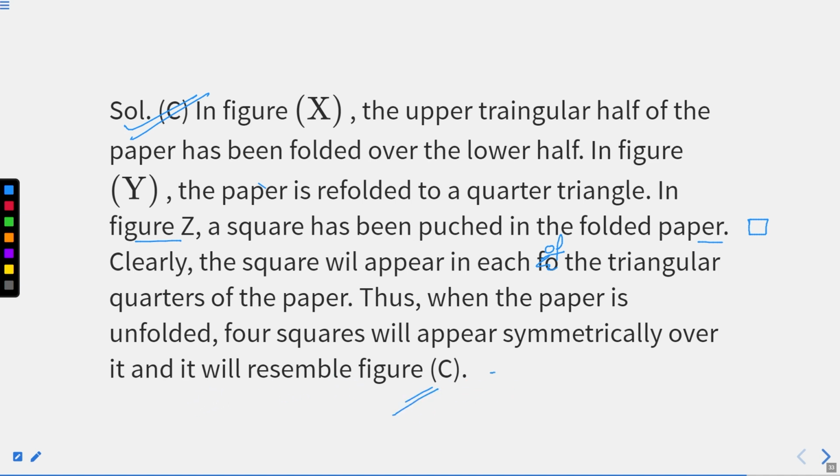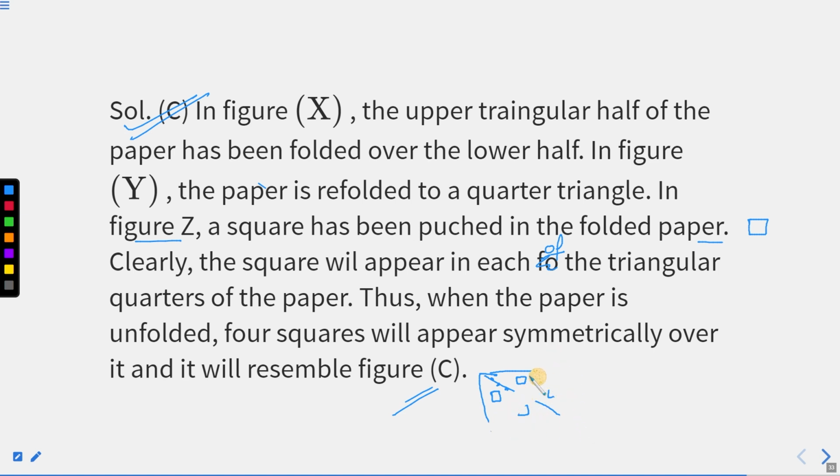So what is the outcome that we get? A square, 2 crossed lines, which show the folded part, and a square like this. So these lines will be dotted, right? They are not visible, right? I'll draw it in the dotted manner itself so that it becomes easier for you to understand.